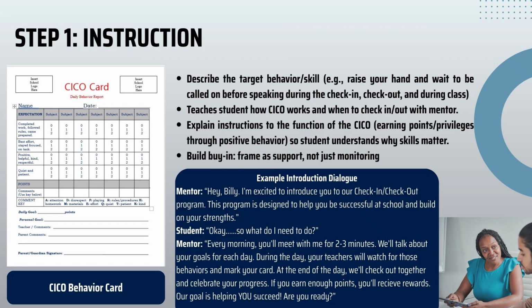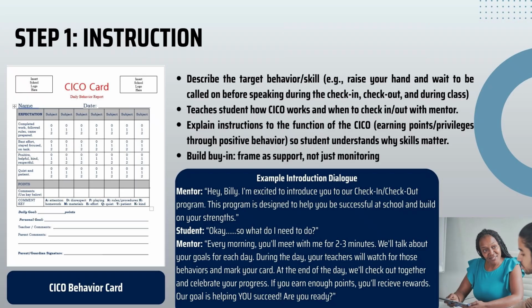Okay, so now step 1, instructions. So what you see on the left there is the behavior card, and this is something that you will see, teachers, you will see it throughout the school day. So what the card has on it, it has the targeted goals that we're looking to address. And on this particular card, for each skill, it has a 0, a 1, or a 2.